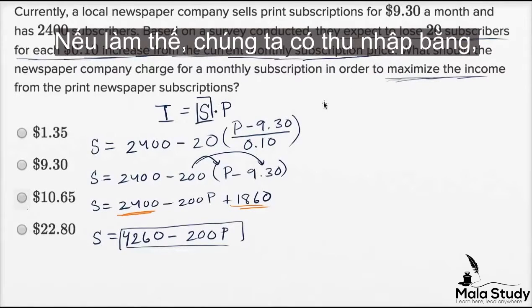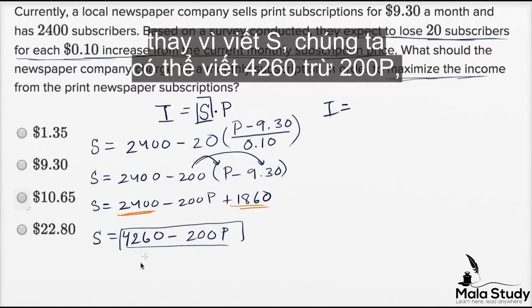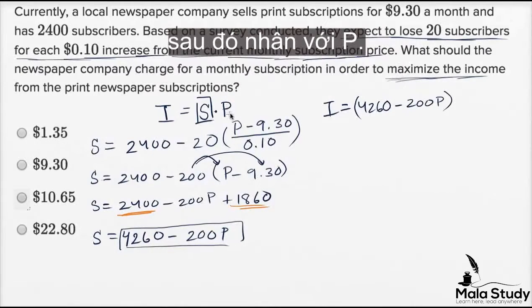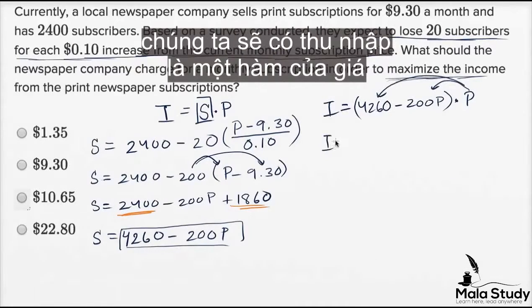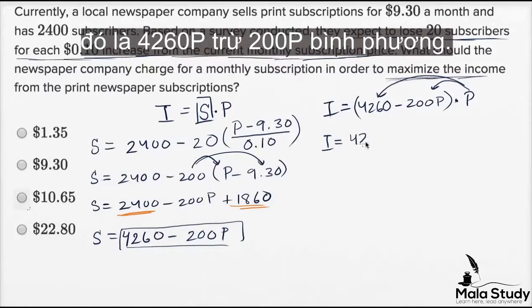So if we do that, we get income is equal to, instead of writing S, we could write 4,260 minus 200P, and then times P. Now we can distribute this P, and we're going to get income as a function of price is 4,260P minus 200P squared.